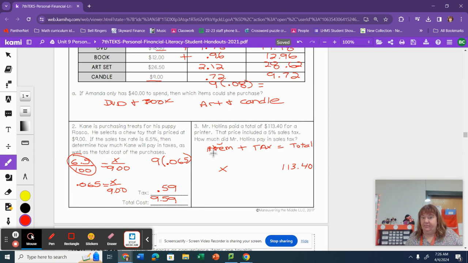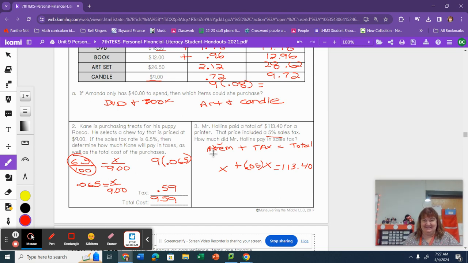We don't know what he paid for the item. But we know the tax is 0.05 because 5% times the total price. That's what equals. That's why we need to do it that way. Okay? So now we're just doing the 2-step, guys.